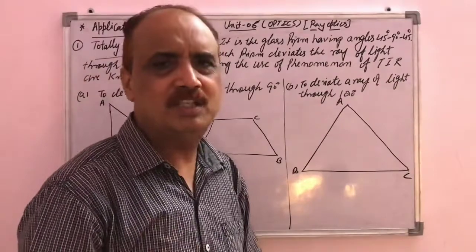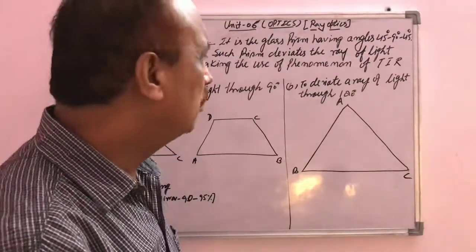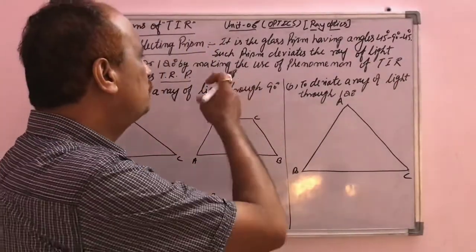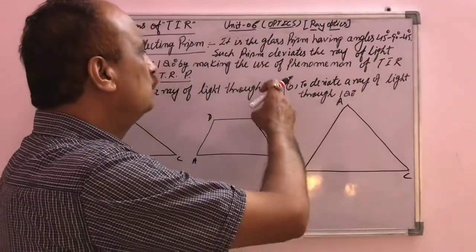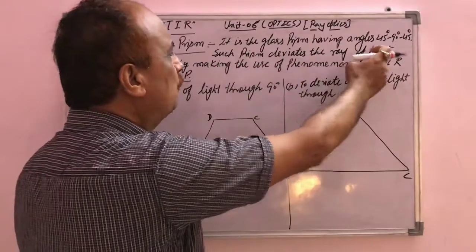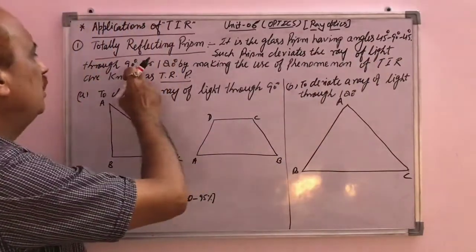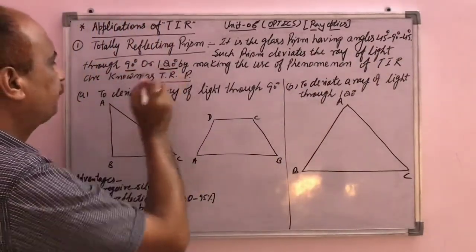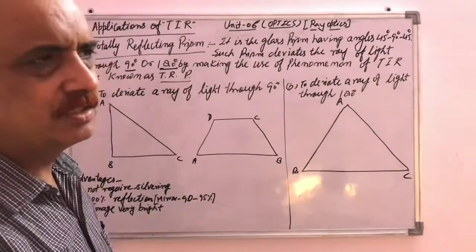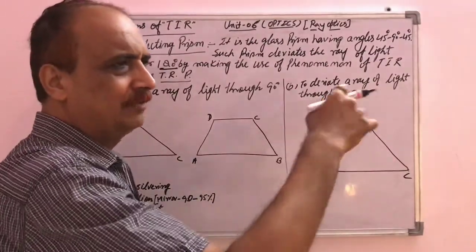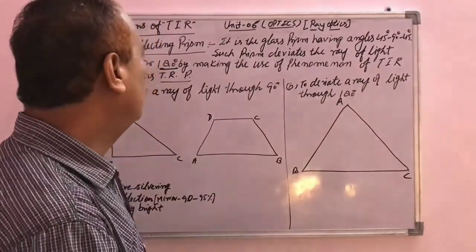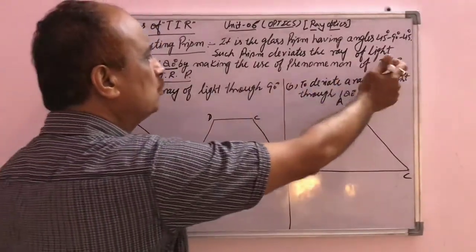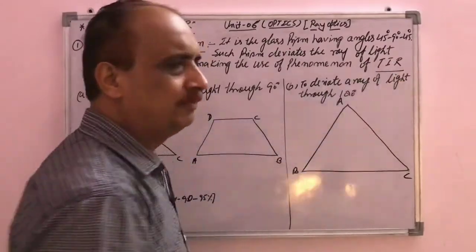And how can we say that it is a totally reflecting prism? Because when such a prism is used and a ray of light is incident, the prism deviates the ray of light through 90 degree or 180 degree. When light is incident on it, it will be reflected back through 90 degree or 180 degree by making use of total internal reflection.